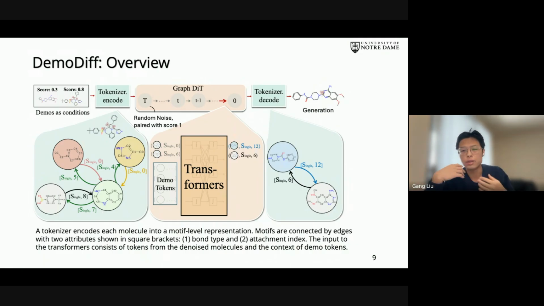Just like how a language model attends to the word tokens within the same sentence, these random tokens attend to the demo tokens to do denoising. And the denoising process is an iterative process. We gradually refine the random noise tokens until timestep 0, when we get valid molecules like that.